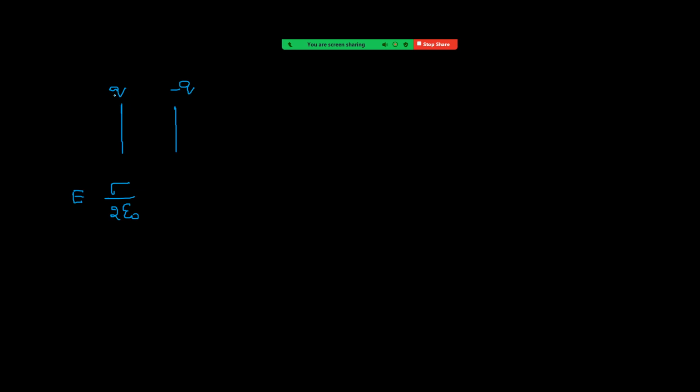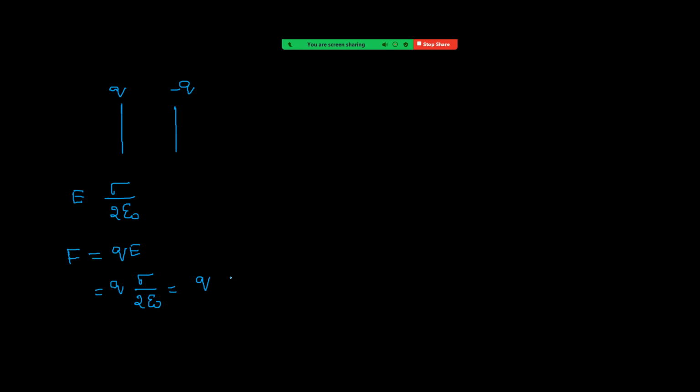So the field because of the positive charge exerts force on the negative charge, or we can see it in reverse also: the field due to the negative charge exerts force on the positive charge. Therefore, that force will be equal to charge into field, right? Q into E.